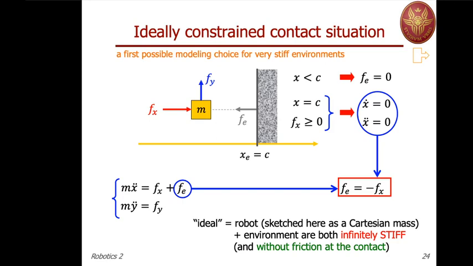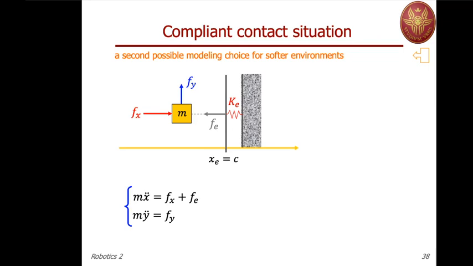Now, I would like to make a jump forward to show in this very simple situation what is the alternative. Then we will come back to generalize this situation. So I'm using this callout function to move to slide 38. And this is the other possibility of modeling the same situation. So the model is exactly the same to start with.